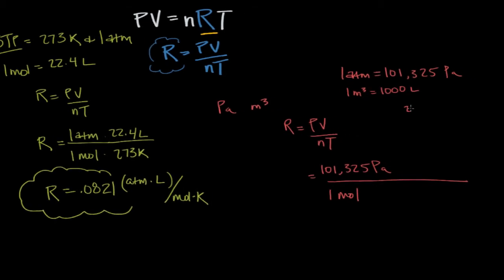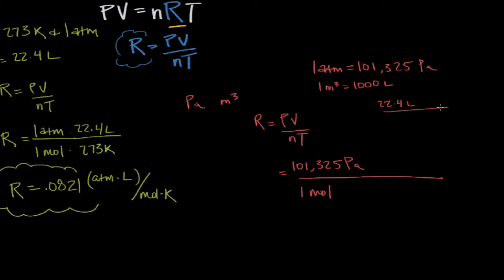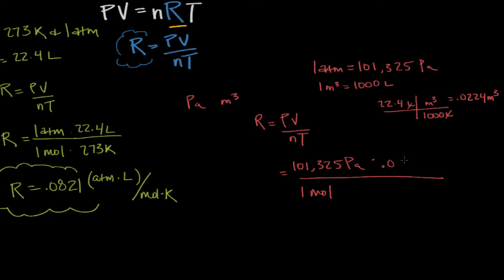This means that if we take 22.4 liters and do a dimensional analysis, we get 0.0224 meters cubed. That's the value we're going to use in our formula because we're still talking about 1 mole. And last but not least, we're still talking about standard temperature and pressure, which in Kelvin would be 273. So we have our pressure, our volume, our moles, and our temperature.